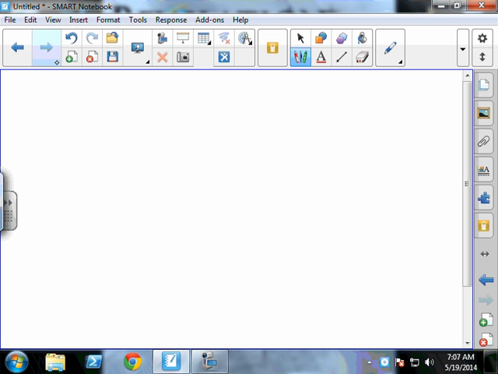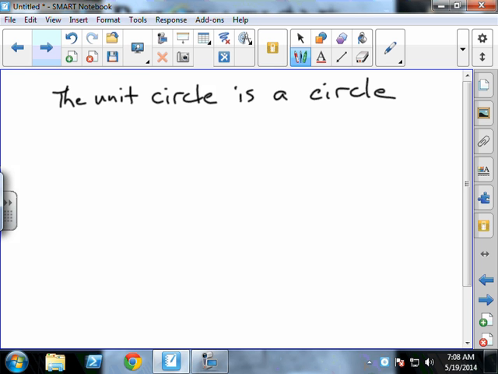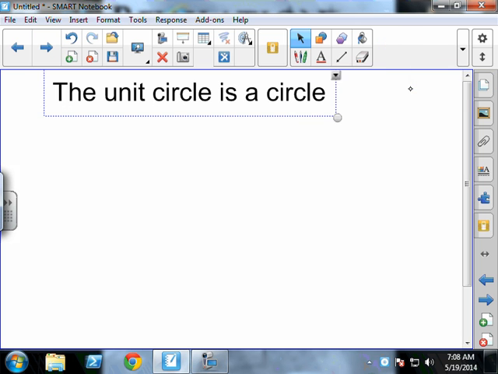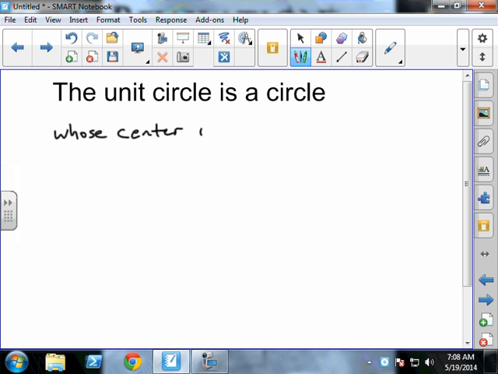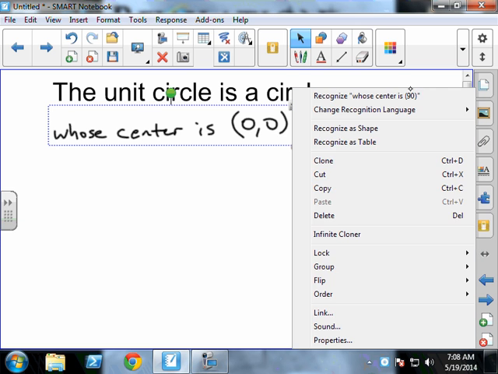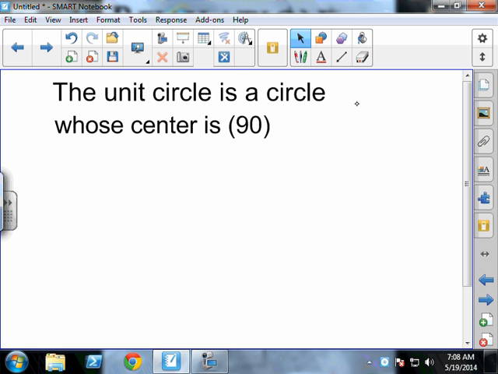The definition. The unit circle is a circle. Imagine that. Well, duh, oh yeah, it's a circle. Okay, so the unit circle is a circle. What else? Well, there's more. The unit circle is a circle whose center is the origin, the coordinates 0, 0.